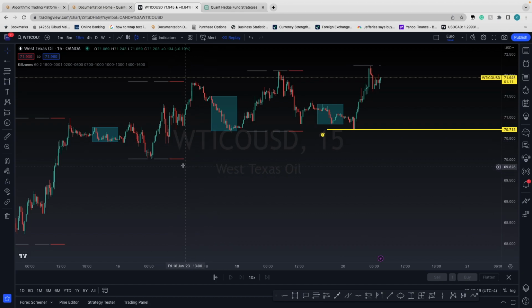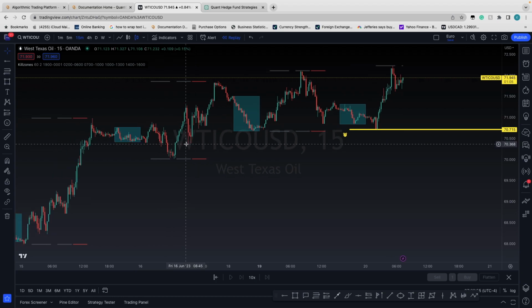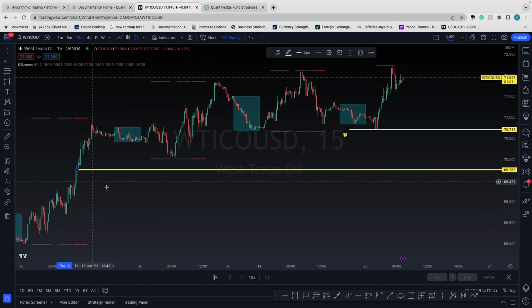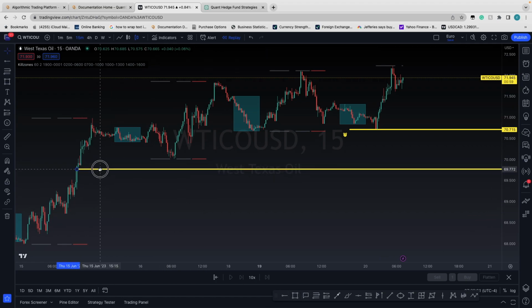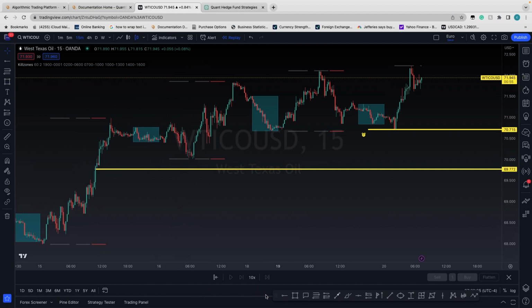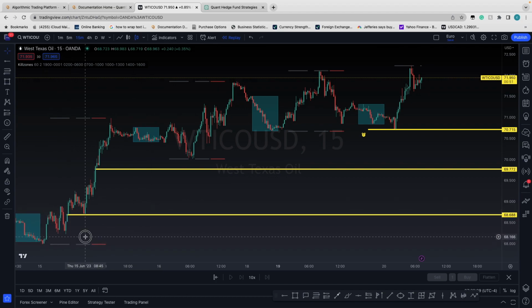We have this area over here to the left in terms of fair value gap that was used, and we have a swing low above that. In terms of that fair value gap, we also have this unused fair value gap here with swing lows above it. So this swing low, this swing low, this swing low, right? And then we have this unused fair value gap as well, okay?